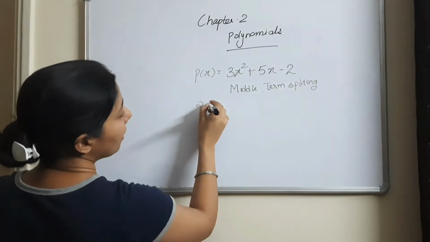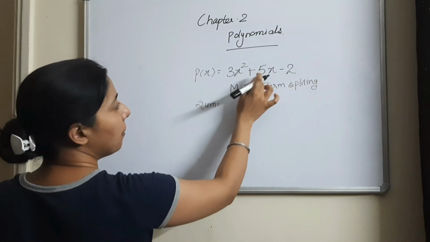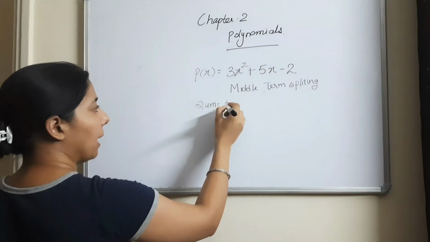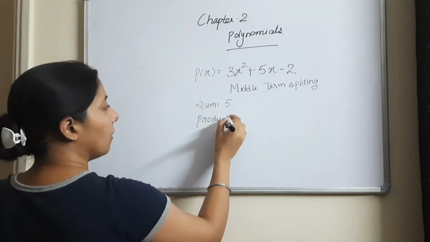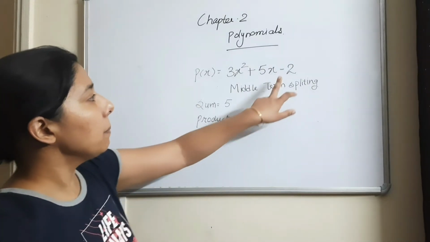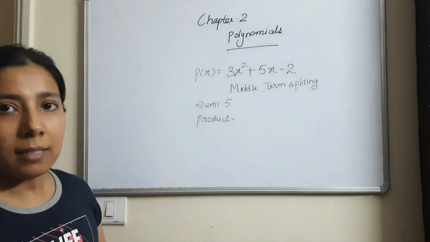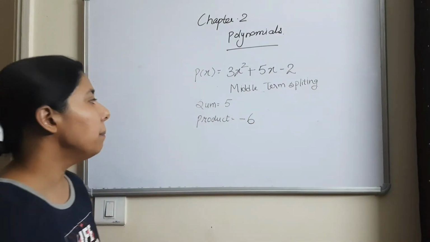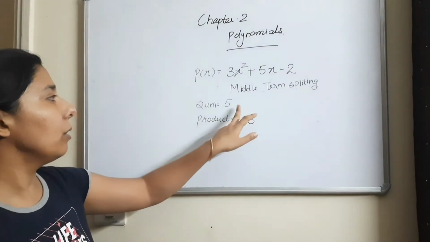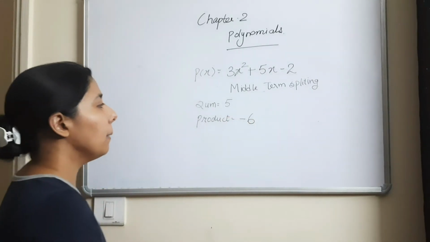So the sum of the terms should be what? This middle number, which is the coefficient of x, that is 5, and the product of the terms will be, you will multiply this minus 2 by 3, that is minus 6. Now think of two numbers on multiplying which we get minus 6 and on adding which we get 5. Okay.